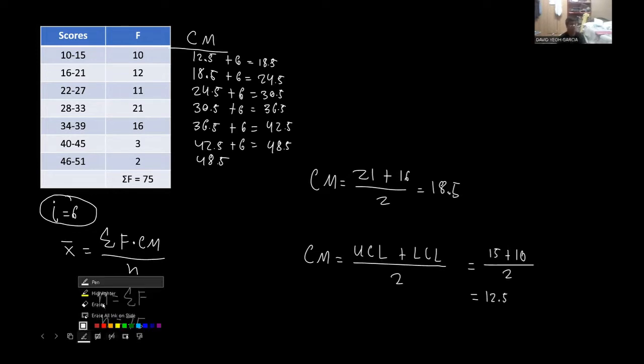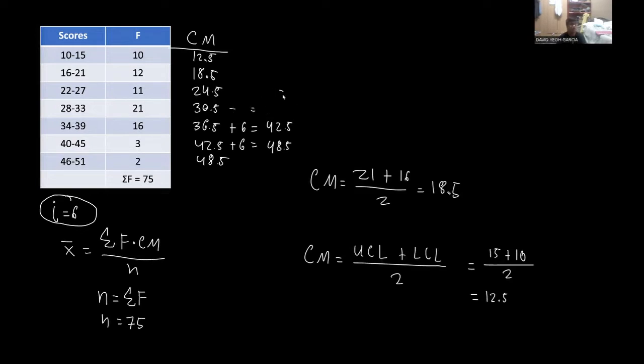We erase this, and that's how we got your class mark midpoints. See? Shortcut. I told you earlier that in other methods or formulas, class width is present. So this method is actually a shortcut so that you can fill in the other class mark midpoints.